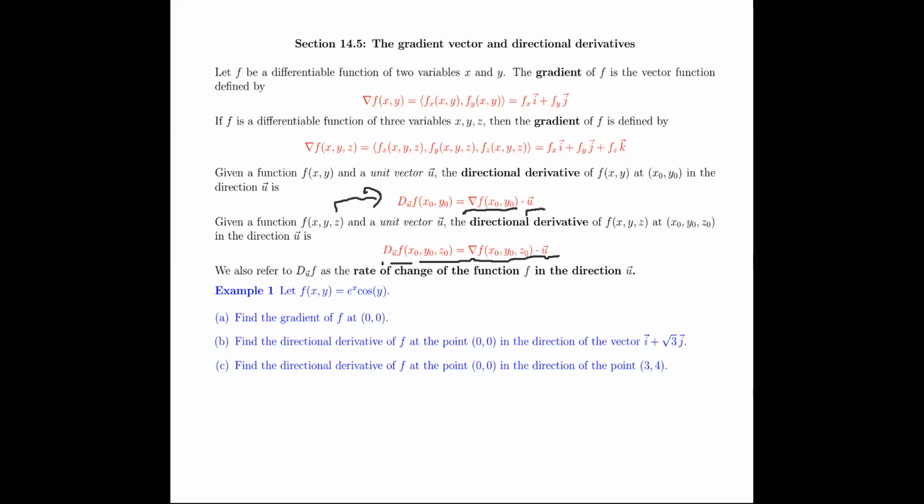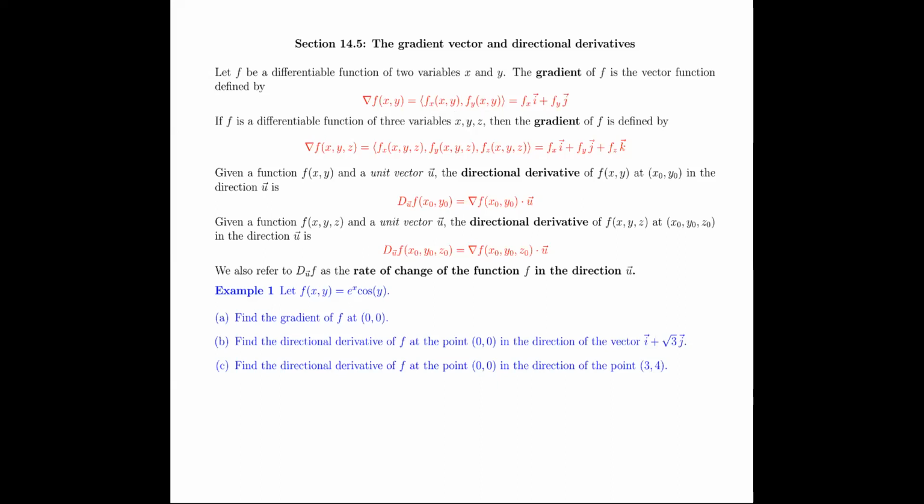All right, so we had this piece here that we called the gradient vector. So I'm going to go ahead and define that now, and that's what's in these first 2 lines. The gradient vector of a differentiable function of 2 variables is the partial derivative of f with respect to our first variable, x here, and that goes into the first coordinate, and the partial derivative of f with respect to the second variable, which is y here, that goes into our second coordinate.